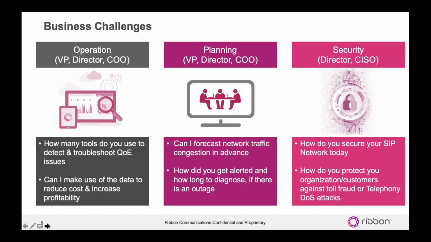For example, if you're on the operations side, there's a vast majority of tools out there, but how many of those tools do you really need to either detect or troubleshoot your quality of experience issues? And what is the data that you actually need to use? And so, you're really about cost savings, how you can reduce some of the costs within the operations, how do you make it more effective, and increase the overall profitability of the organization that you're serving.